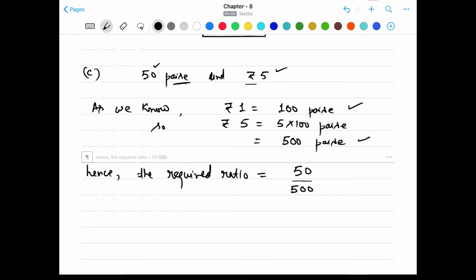Again we will not mention the unit, as I told you, in a ratio we will not write the unit. So when you divide the two, you will get 1 by 10, or the ratio is 1 is to 10. Okay, so the ratio of 50 paise to 5 rupees is 1 is to 10.